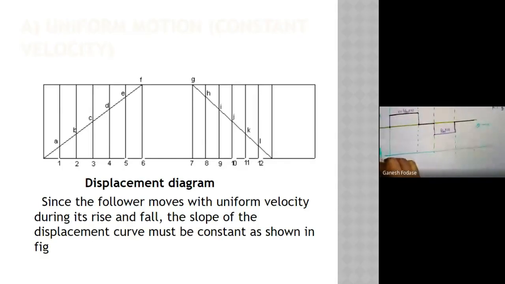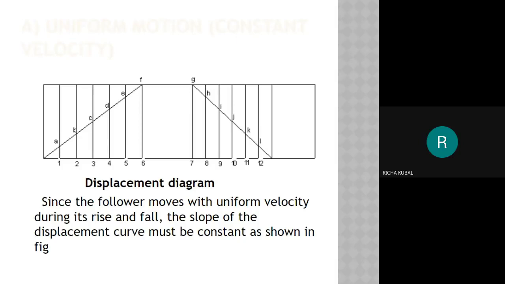Now I'm drawing acceleration with reference to theta. Now tell me the magnitude of acceleration during this constant velocity. How much will it be? During the rise stroke, how much is the acceleration? 0. Yes, it is 0.